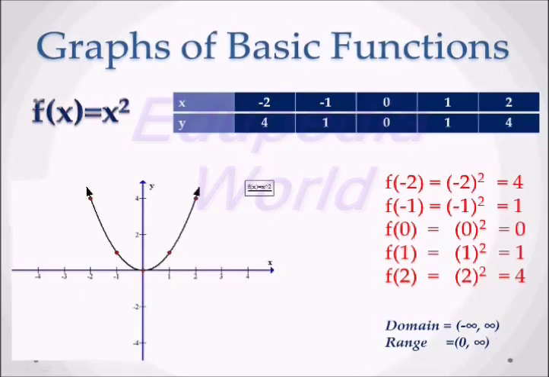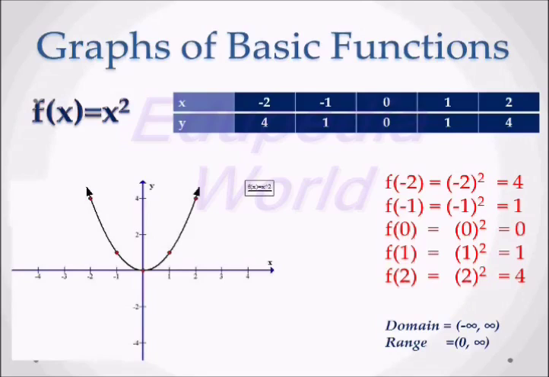f of x equals x square. We can choose any value for x. It can be negative or 0 or positive. Rather, any number between minus infinity and infinity. So, domain of the function f of x equals x square is minus infinity to infinity.